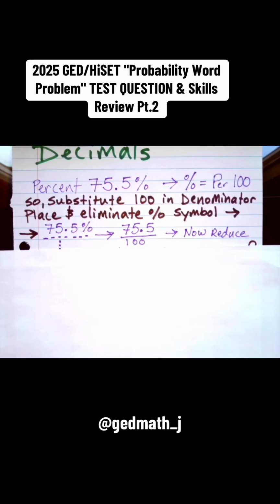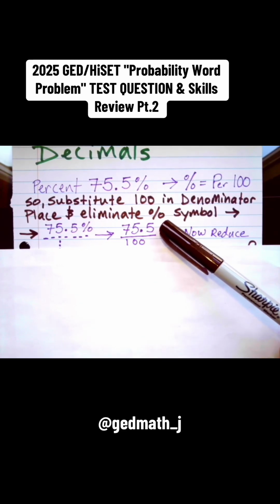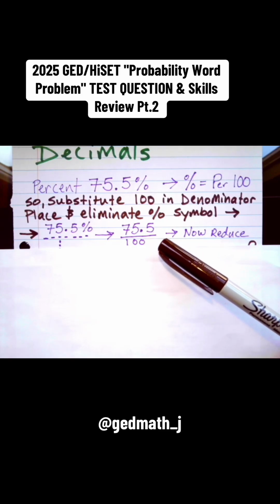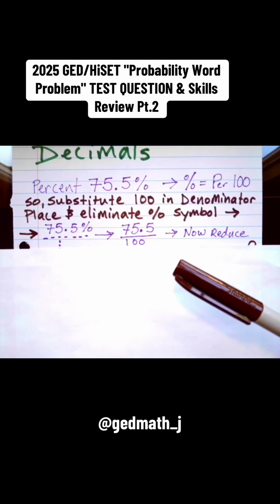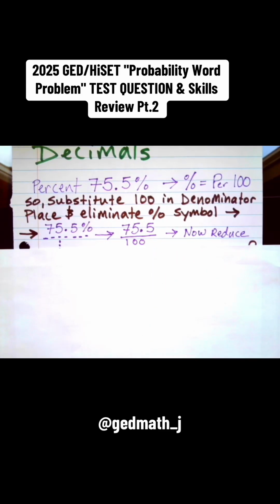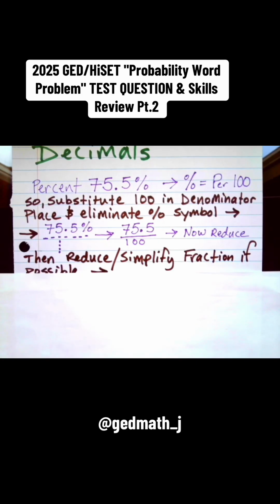Now we're going to reduce that fraction by dividing the same number equally into the top that will be divided into the bottom, giving a remainder of 0. So reduce, simplify that fraction if it be possible.